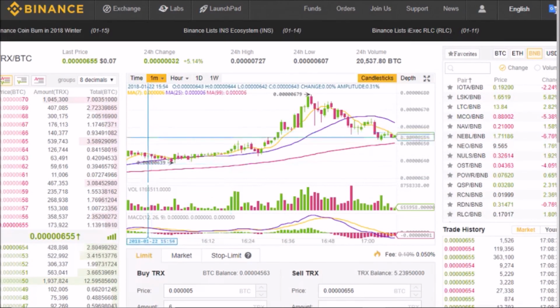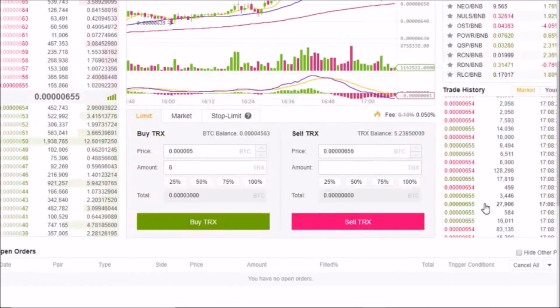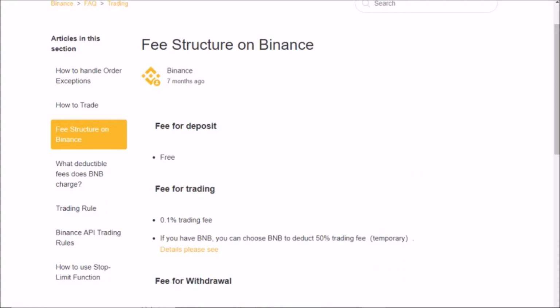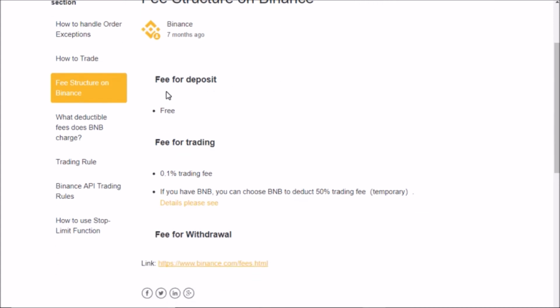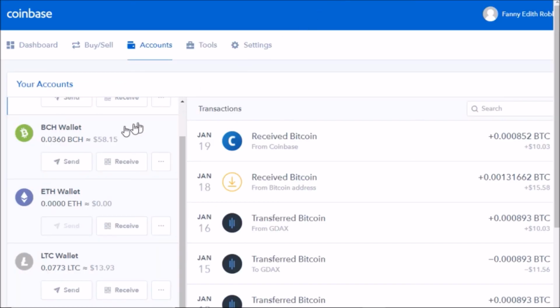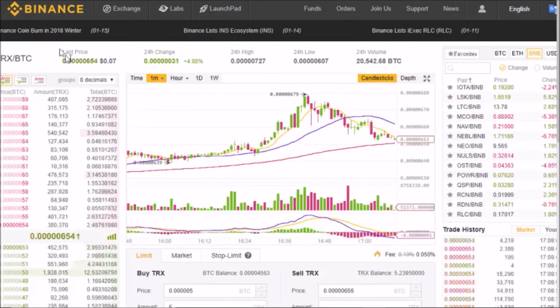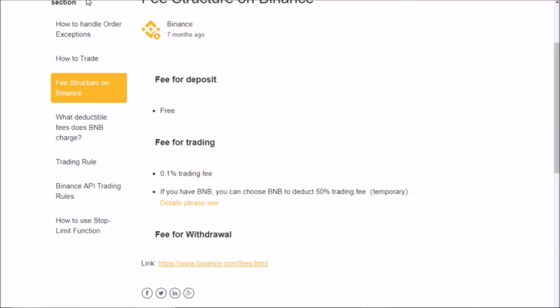Now another thing a lot of people ask is the fees. What are the fee structures on Binance? To deposit coins in Binance is completely free, except when you're bringing your coins from Coinbase wallet, if you're transferring them out, they're going to charge you a fee. But to deposit them in Binance is completely free.